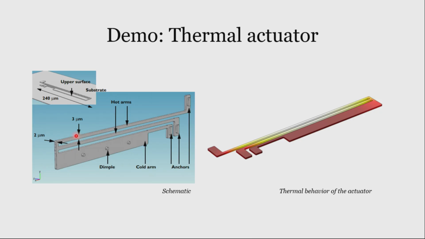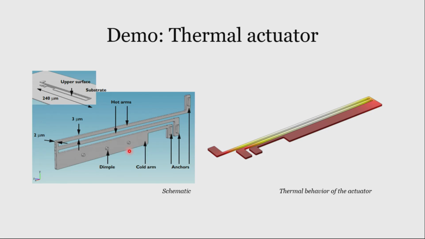Over here also, if you imagine that the top layer is expanding, okay, and what we are assuming is that these 3 anchors are having a fixed constraint, that is, it cannot move in any direction. We give on these dimples, this is the first dimple, second dimple and third dimple, a roller boundary condition, that is, it can allow the motion only in tangential direction, not in normal direction, okay.